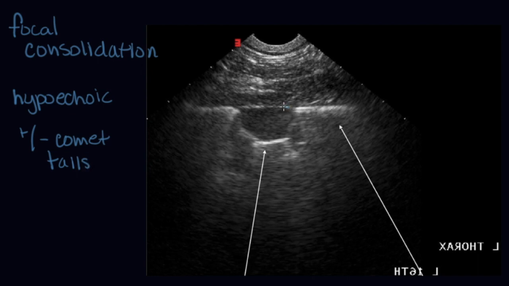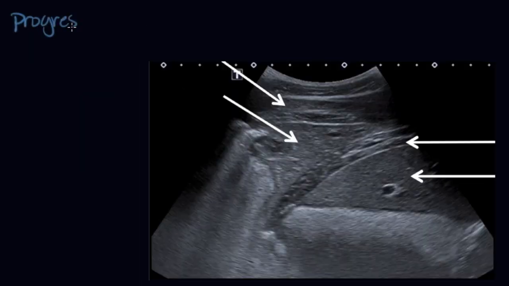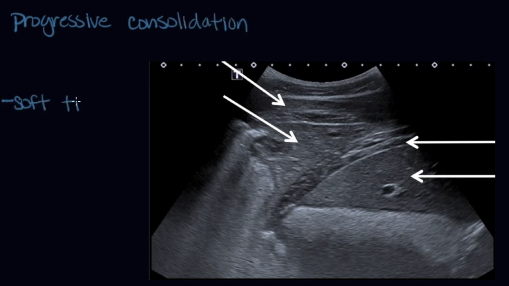Here you can see this small, round, focal area of hypoechoic tissue with a pleural surface reflection deeper than the normal pleural surface on either side of the consolidated region. As consolidation progresses, you see tips of non-aerated lung that are soft tissue echogenicity within the pleural space.